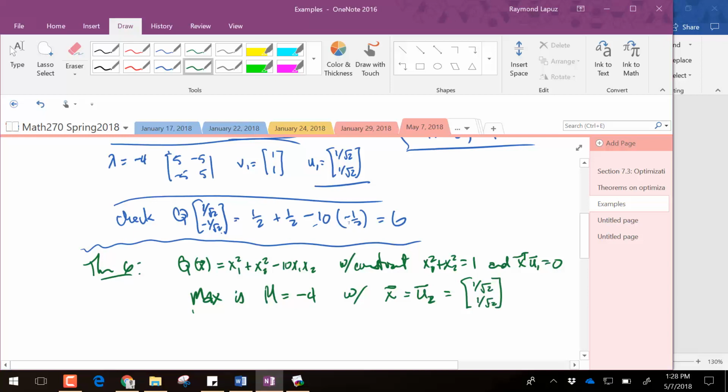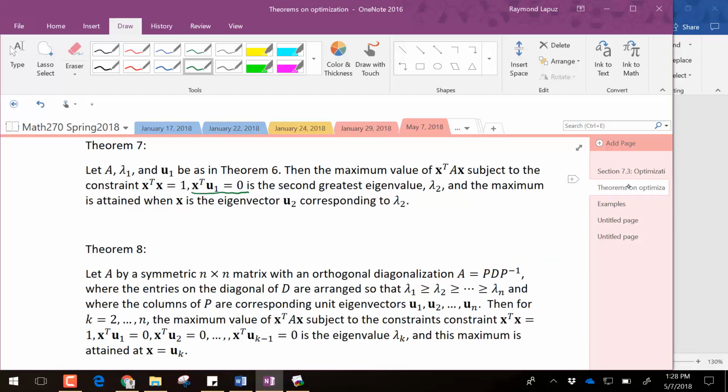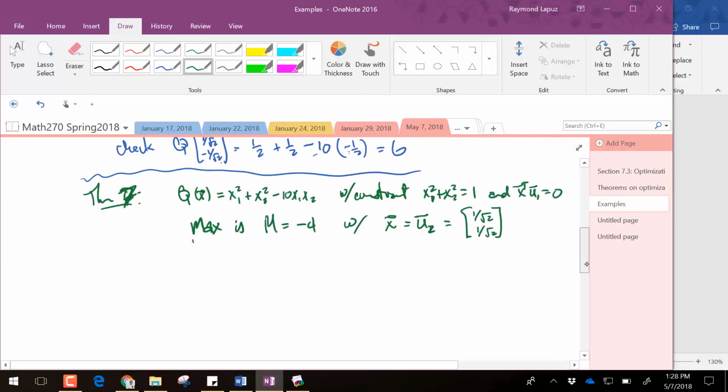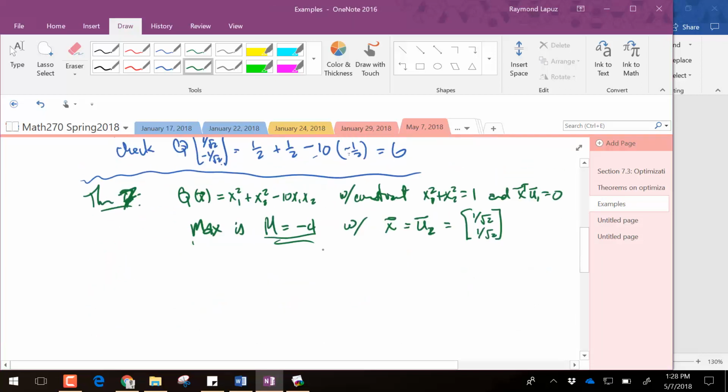So that's what theorem 6 is, 7, 8. Theorem 7, that's what theorem 7 was saying. And we can't do theorem 8 because we only have 2 eigenvalues. It's only a 2-dimensional matrix.